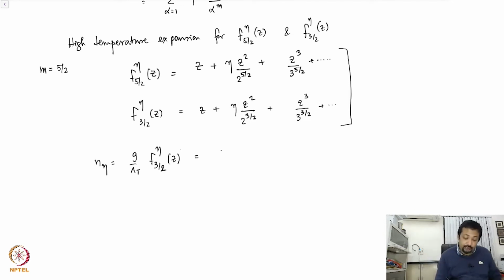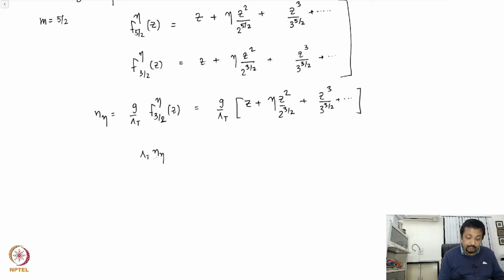So if I write it down, then this becomes g over lambda t times z plus eta z square over 2 to the power 3 half plus z cube over 3 to the power 3 half plus higher order terms, so that I have lambda t n eta over g equal to z plus eta z square over 2 to the power 3 by 2 plus z cube over 3 to the power 3 by 2 plus so on and so forth.